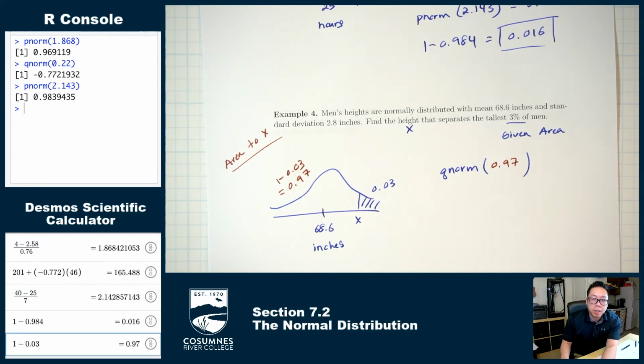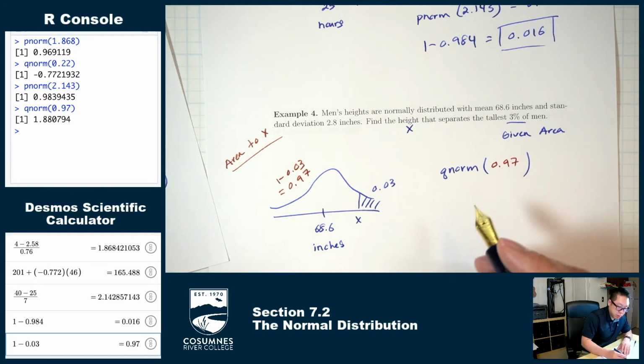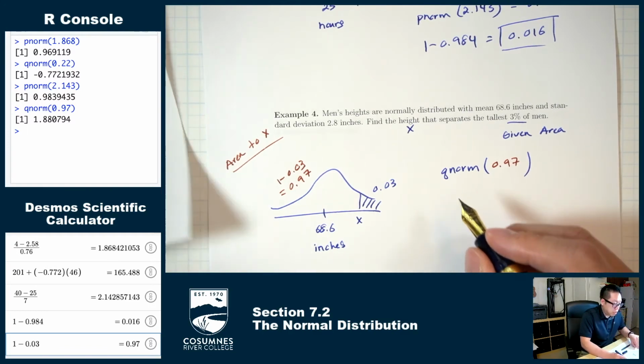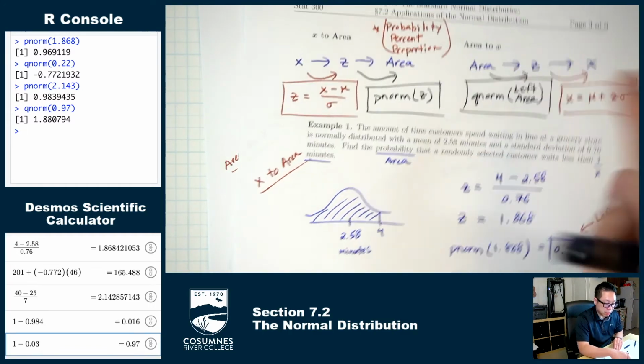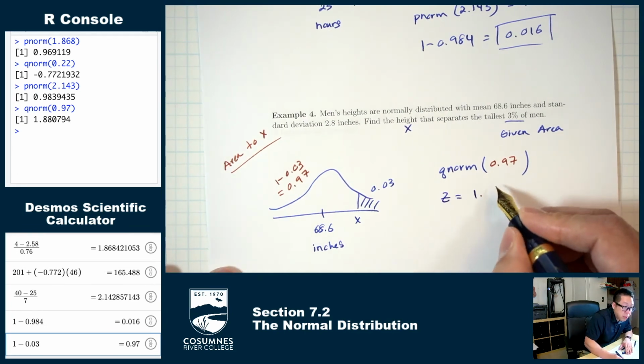Oops, I need to do that in R. Round to 3 decimal places, this is 1.881. Okay, so that's actually a Z, right? So we're going from area to Z. So this is my Z, 1.881.